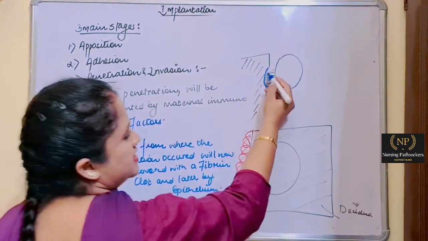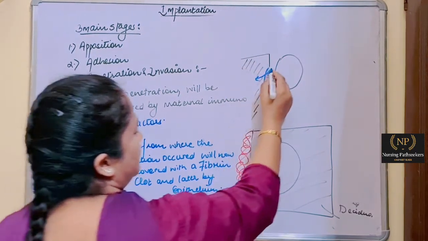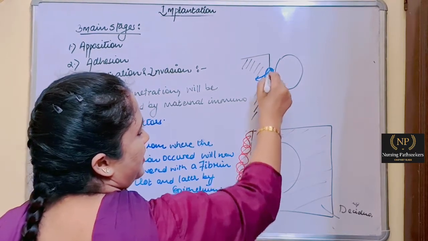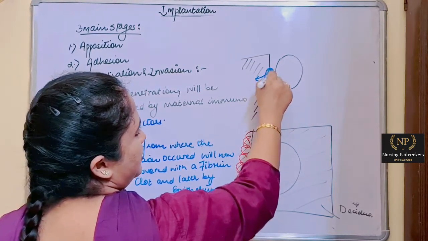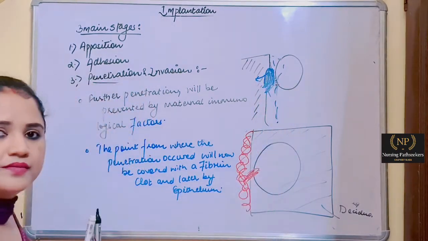So when it enters inside the endometrium, this space will be filled with the fibrin clot, and later on with the epithelium.